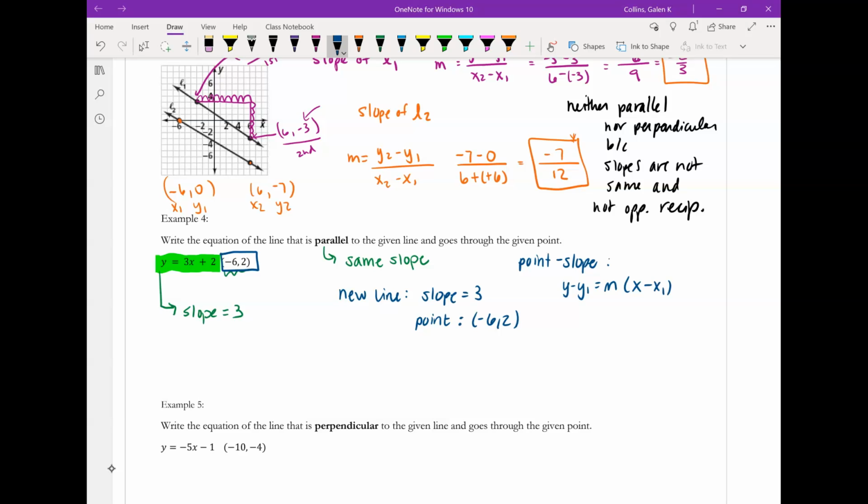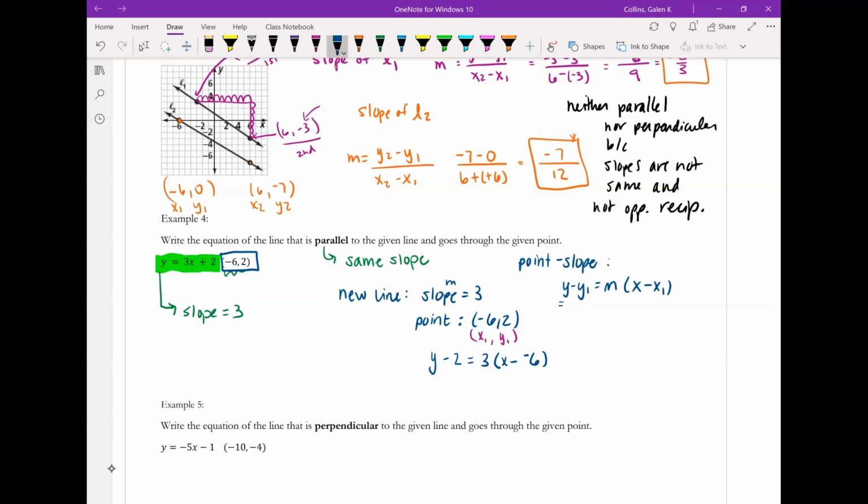All right, so y is just a variable. y1 is going to be the y coordinate of this ordered pair. In fact, it's going to be x1 comma y1. So y minus 2 equals our slope, which is 3, times the difference of x minus negative 6.